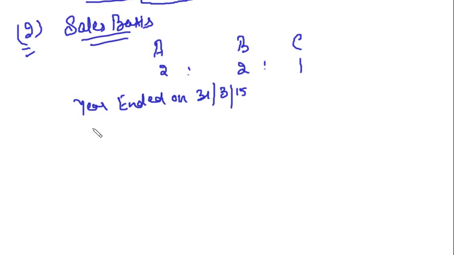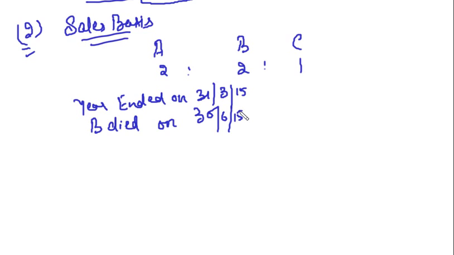Now what happened is, B died on 30th of June 2015. Their accounting year ended on 31st of March 2015, and after 3 months from the beginning of the new accounting period, that is 1/4/15, B died. So one of the partners died.